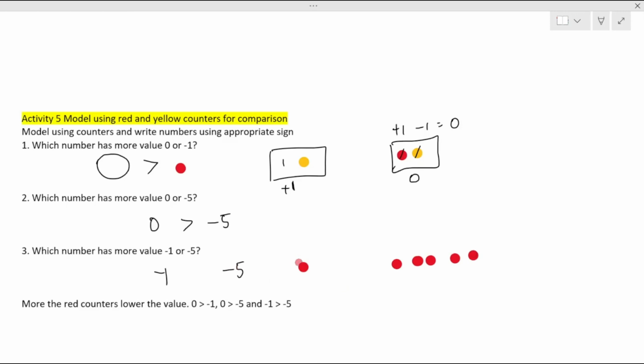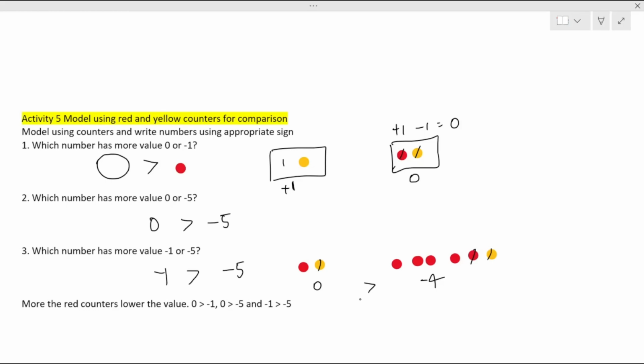If you count the counters, the absolute value 5 can be bigger, but it is a negative 5. So I give only 1 yellow counter to both. What is the result now? The first has 0, and the second has 4, which is minus 4, mind you. Therefore, minus 1 is greater than minus 5.